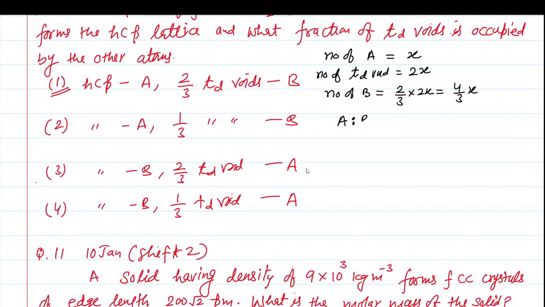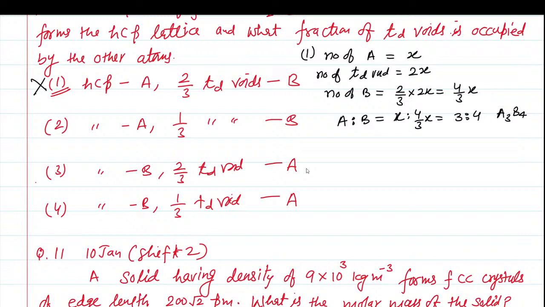So A is to B becomes x is to 4/3 x, meaning 3 is to 4. So the formula becomes A3B4, but it is A2B3. So the first option is not correct.